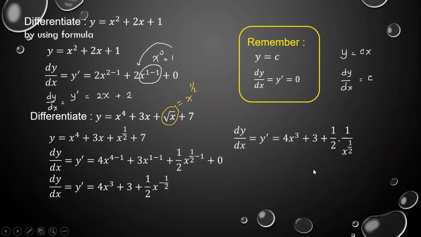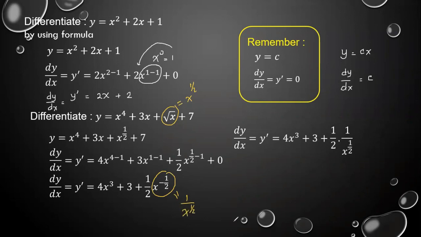We can simplify again: dy over dx equals 4x to the power 3 plus 3 plus a half times 1 over x to the power half. Please remember this one. I think this is very easy, right? So x to the power minus half is equal to 1 over x to the power half.